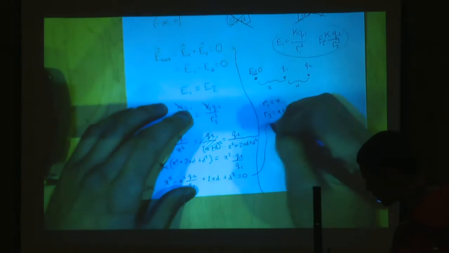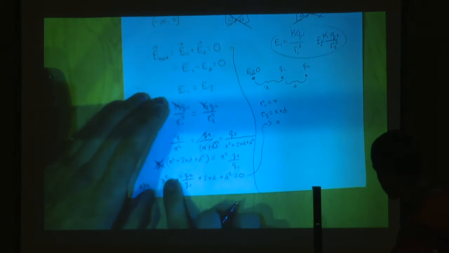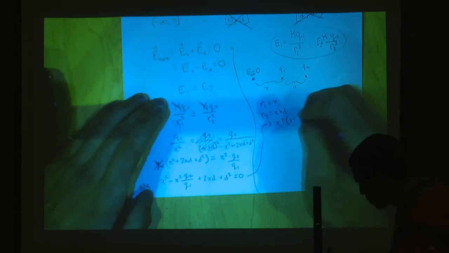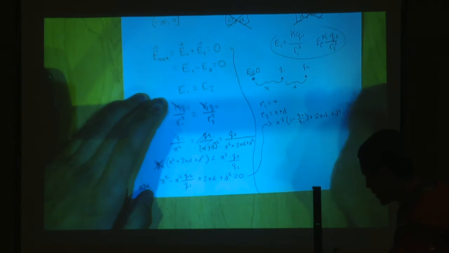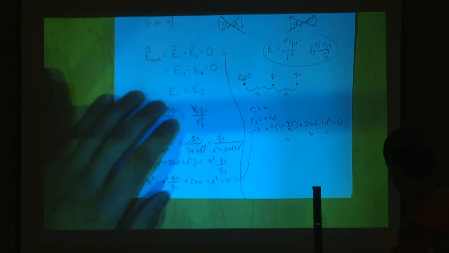I'm going to bring this up here. Thus, factoring out the X squared, we'll have X squared times 1 minus Q2 over Q1 plus 2XD plus D squared equals 0. And now we have our A, our B, and our C, okay?